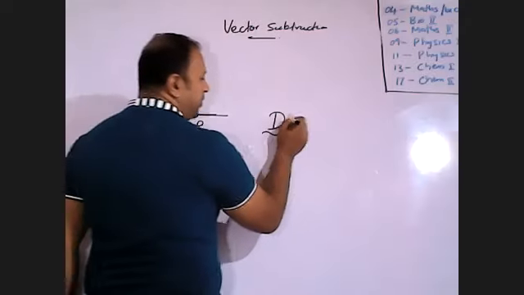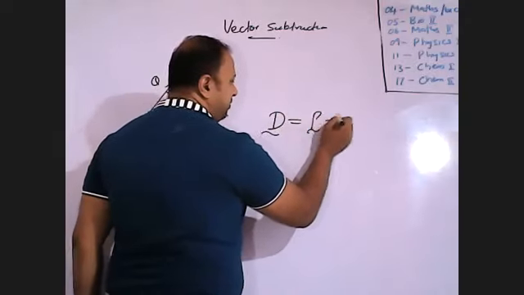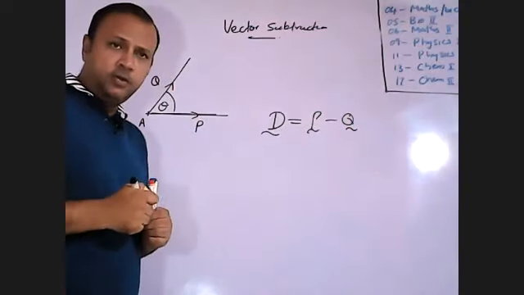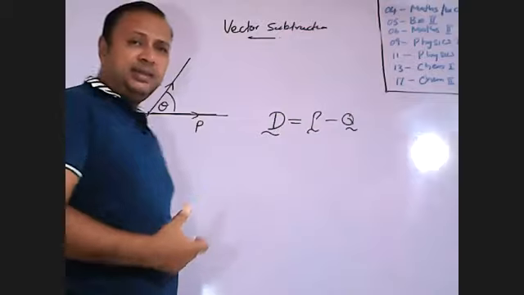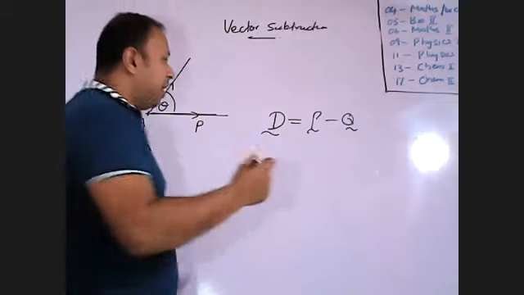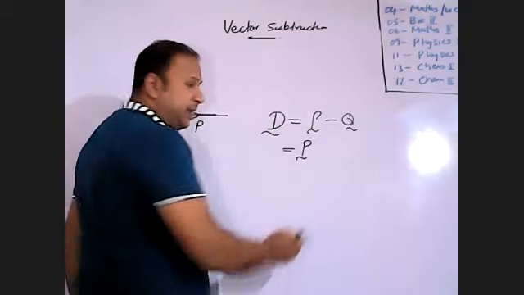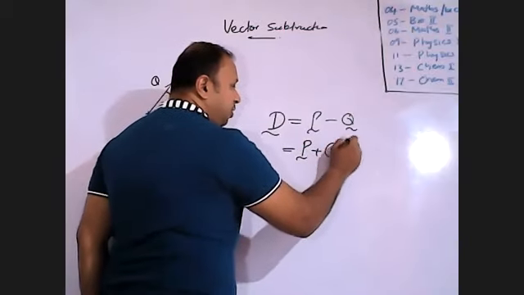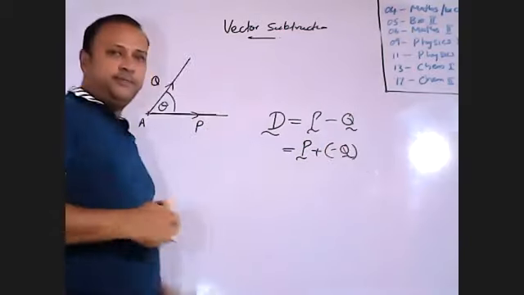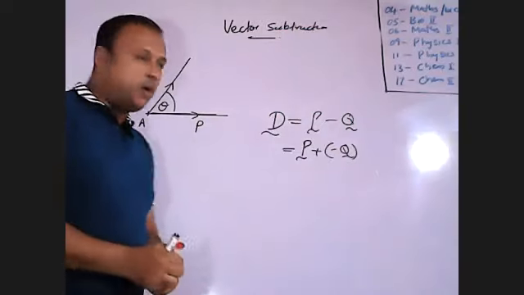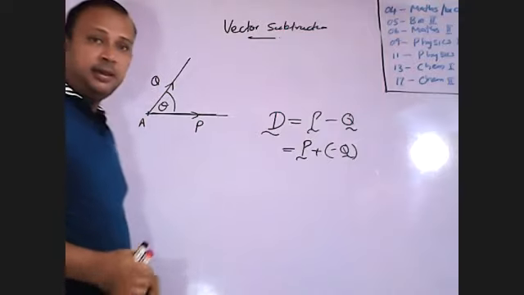So, if you want to find the difference of two vectors, I told you we can do it as an addition. How to do that? We have to add P and minus Q vector. Minus Q vector means don't turn this other way.